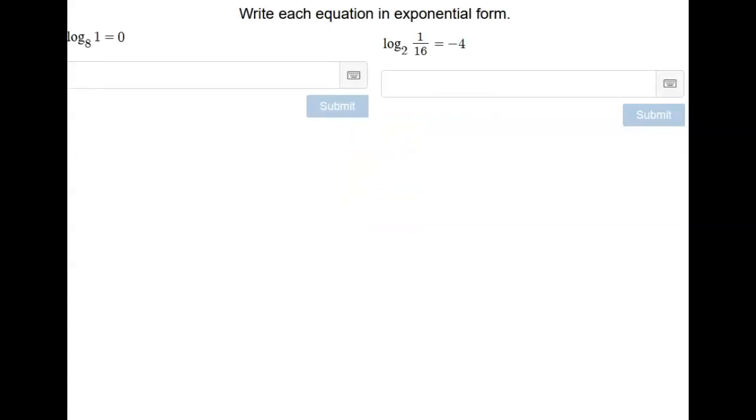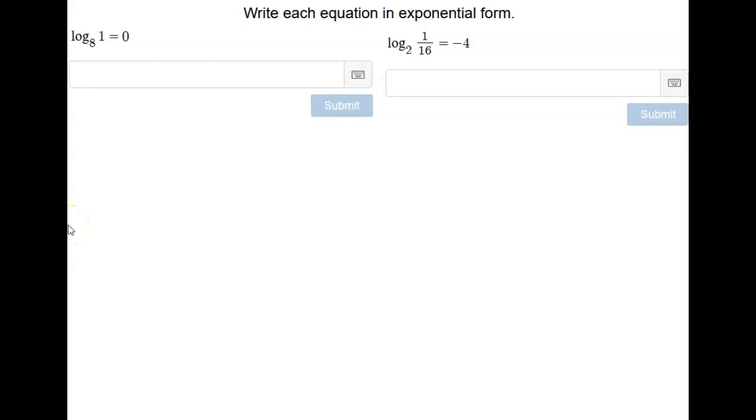So what we're going to do first is we're just going to rewrite each of these so that they are in exponential form. Remember that this base is going to stay the base.